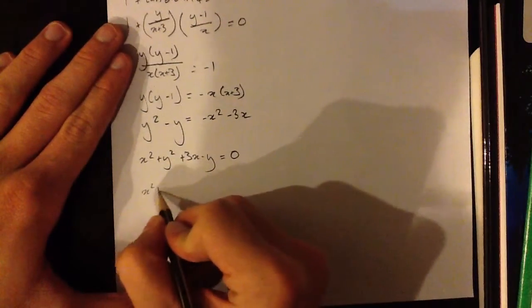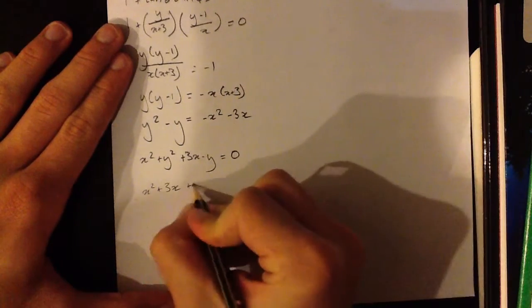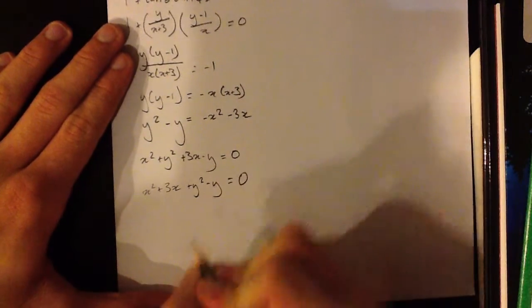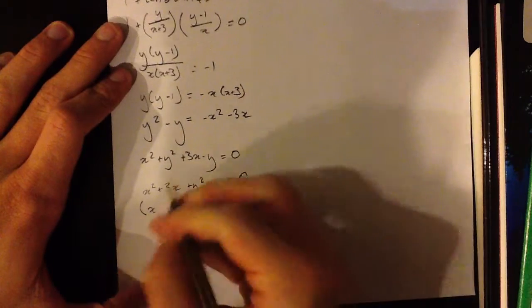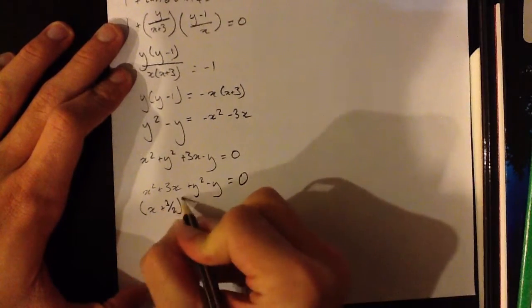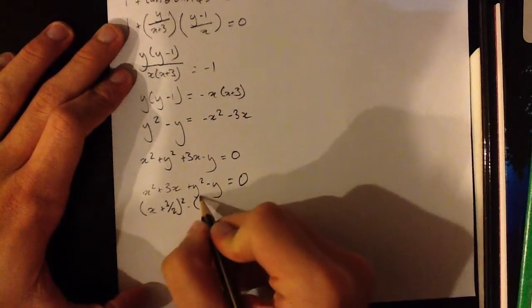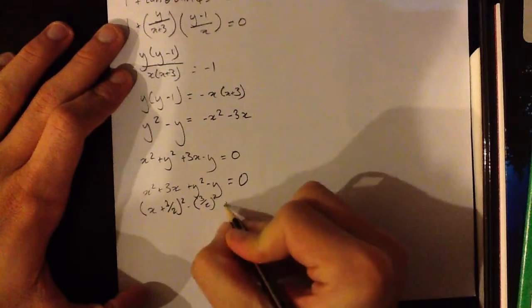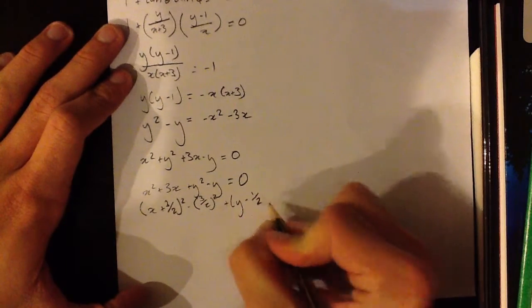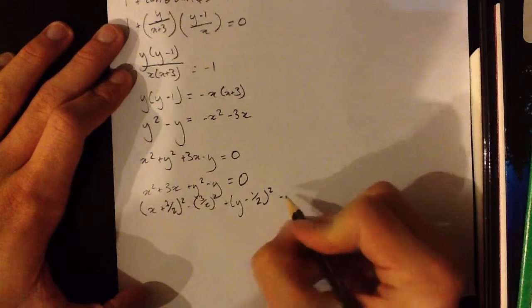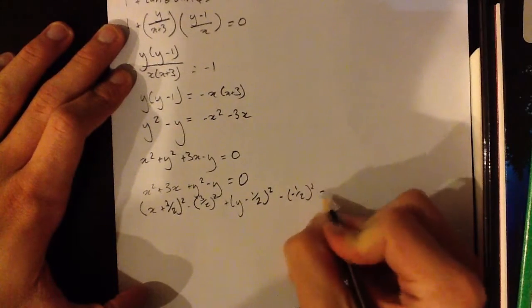So x squared plus 3x plus y squared minus y equals 0. x plus 3 over 2 squared minus 3 over 2 squared, plus y minus half squared minus half squared, equals 0.